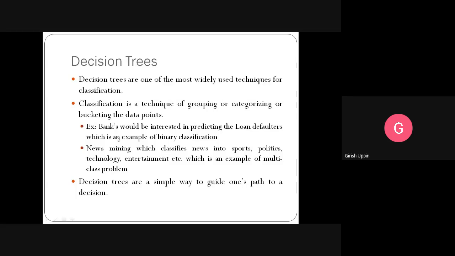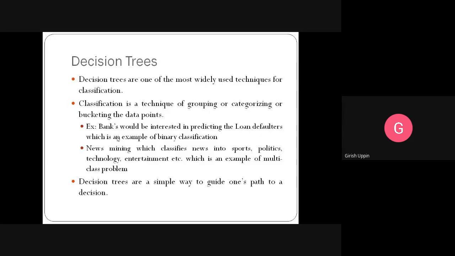For example, banks would be interested in predicting the loan defaulter, which is an example of a binary classification. Whenever there is a new request for a loan by a customer, based on certain attributes and data of the customer, the bank wants to classify that customer as a potential defaulter or not, yes or no. If the outcome comes as yes, then potentially the bank will deny the loan to that person.